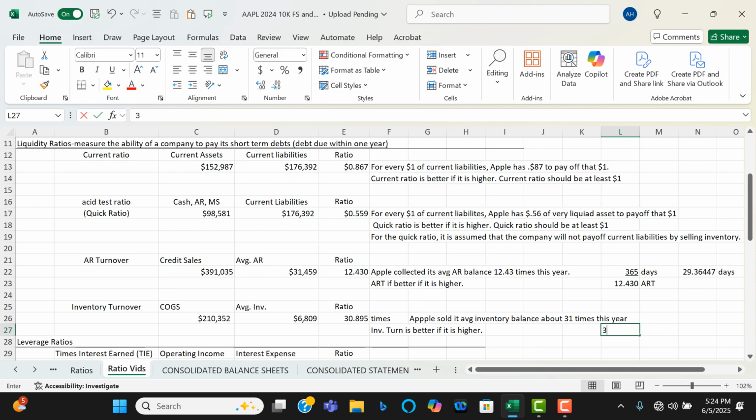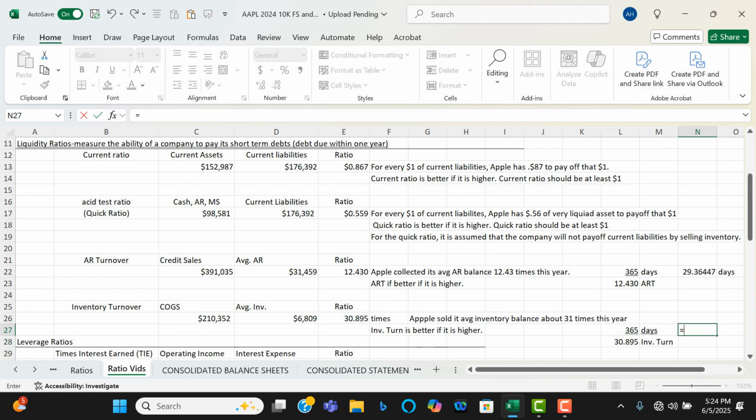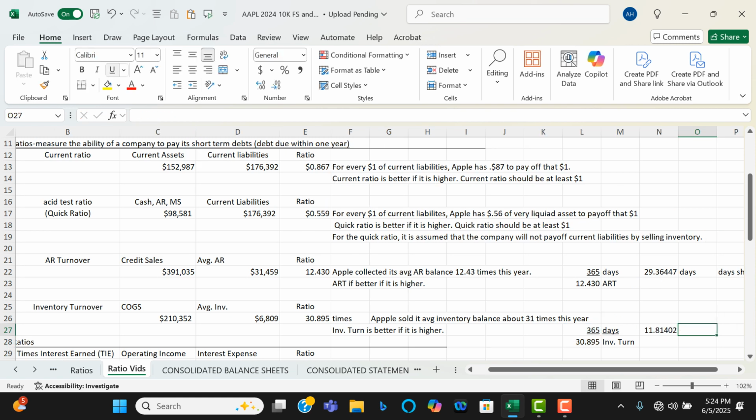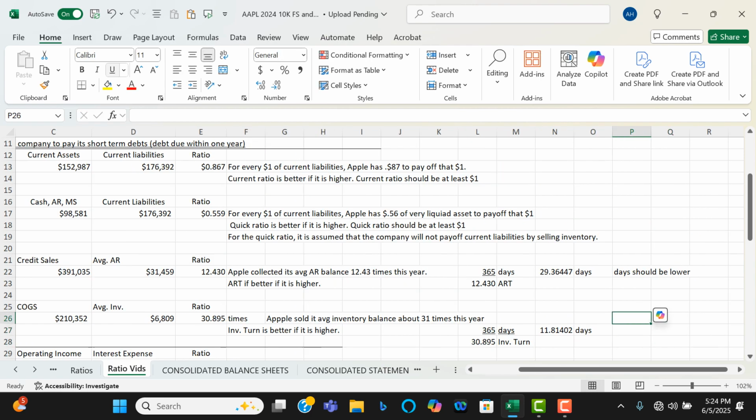So if we take 365 days and divide that by the inventory turnover, which is equal to about 31, that means that Apple sold its inventory about every 12 days, and days should be lower. The lower, the faster that you sell your inventory, the better.